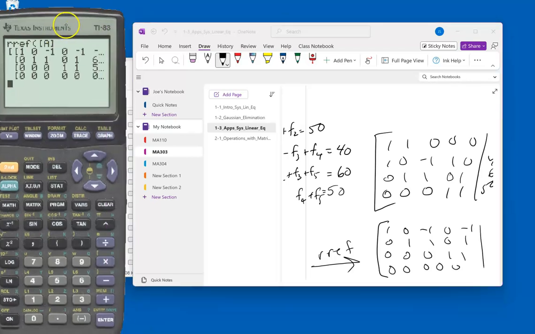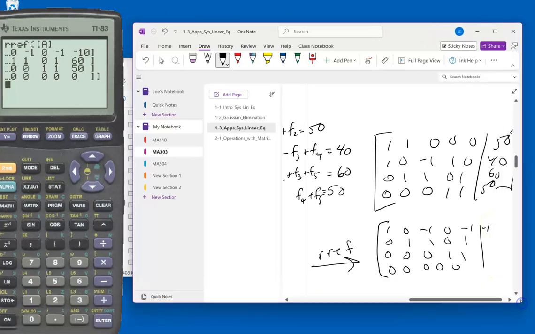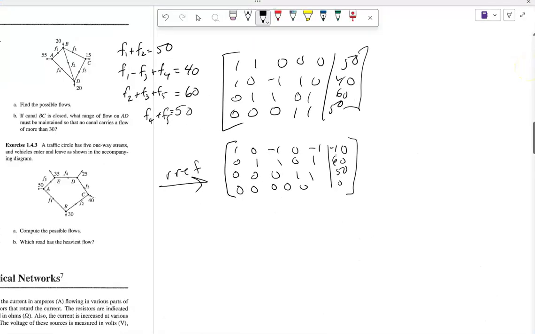Let me scroll a little bit. Negative 10, 60, 50, 0. Okay. Sorry about that. It's hard to go back and forth with the calculator when I have a screen and everything's small on mine.